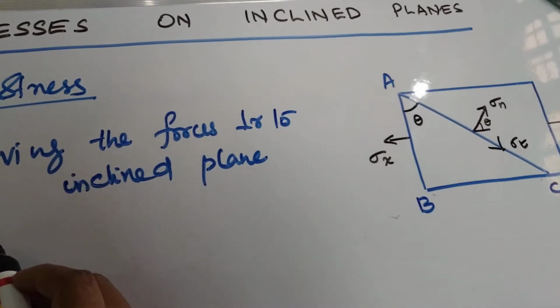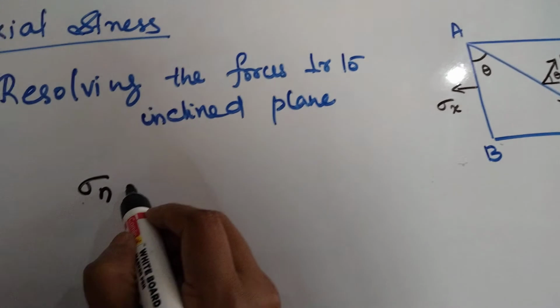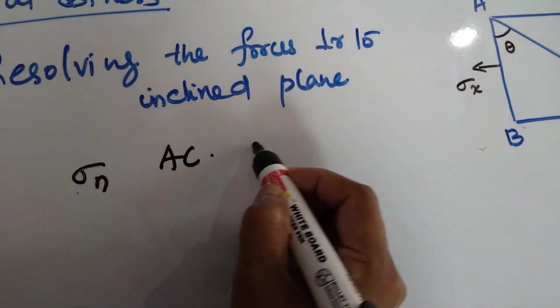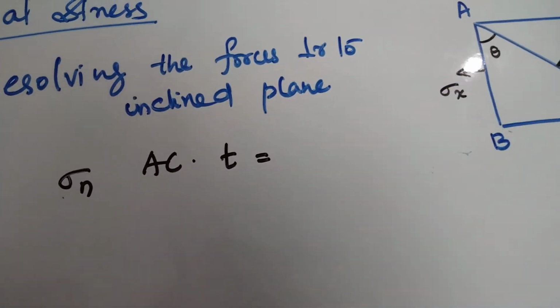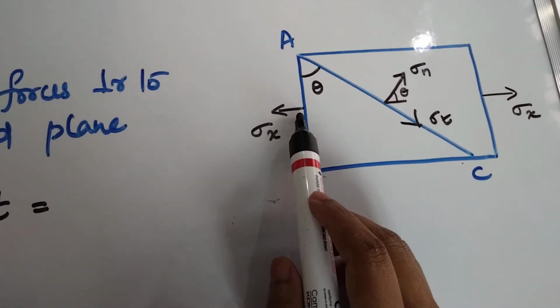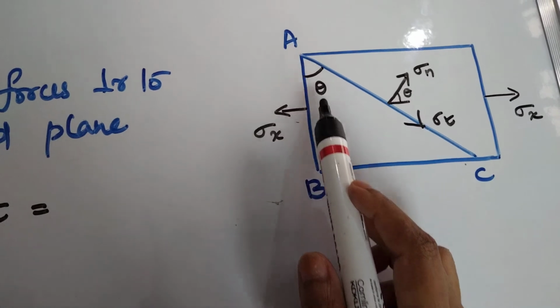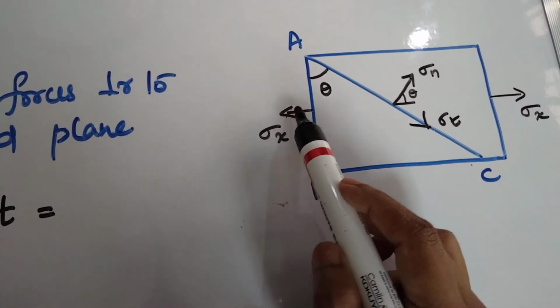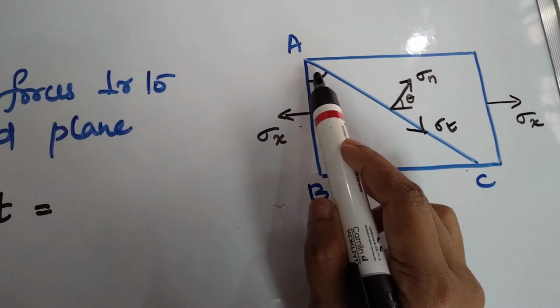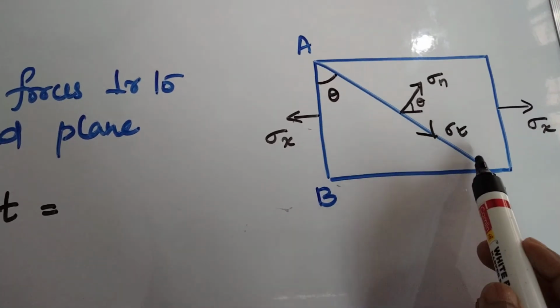So sigma n into AC into thickness t is equal to sigma x, which acts along AB, so we have to convert that into this component.